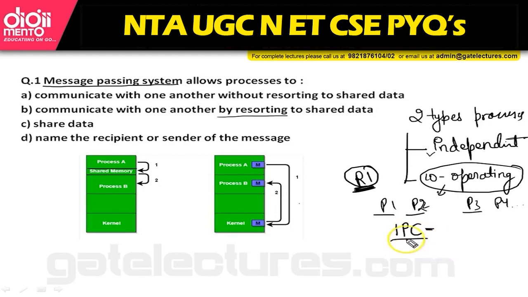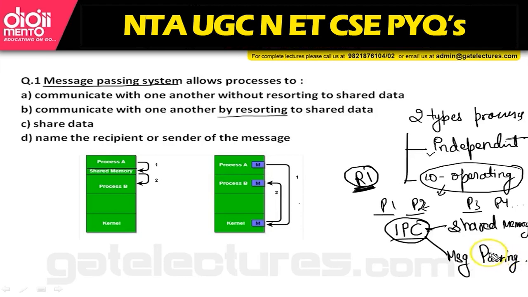For this IPC we have two methods that we use. One is shared memory and the other is message passing. Let me explain one more time. Suppose I have many processes in my system, and they are running concurrently, meaning they are running in parallel.